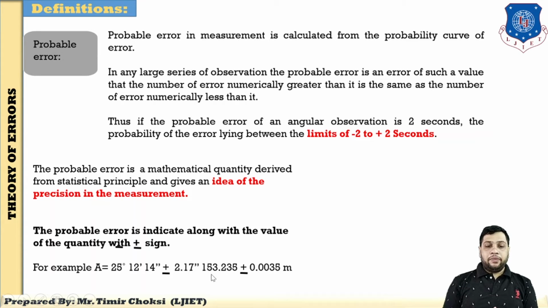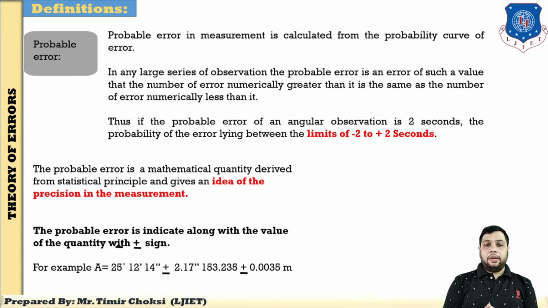Second example: the distance from A to B is 153.235, and the error lies between plus 0.0035 or minus 0.0035 meter. This is an example of probable error.